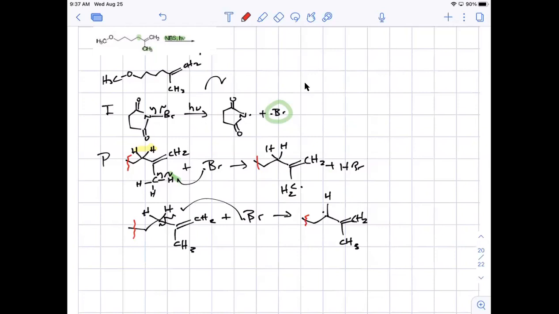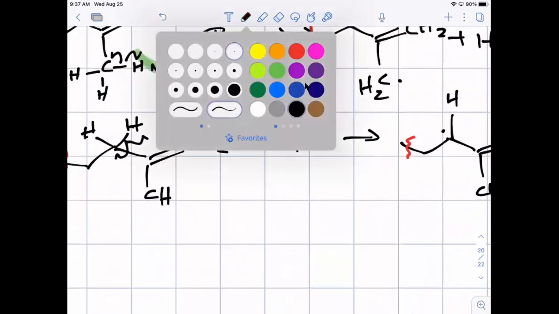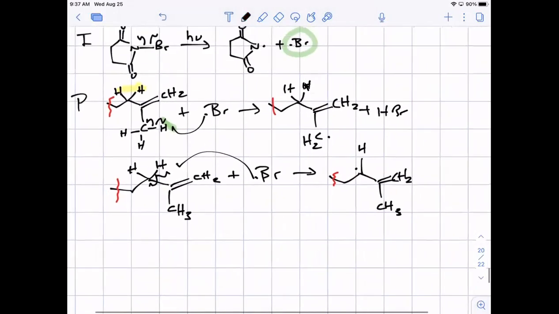I could make them at the same time, because if you think about it on a molecular level, you've got Avogadro's number of molecules floating around. But yeah, I'm showing it stepwise to show that these are the two radicals that I'm going to get, because both of those are my allylic sites, and both of those are where the bromine is going to abstract from. So technically, they can happen at the same time, just not on the same molecule.